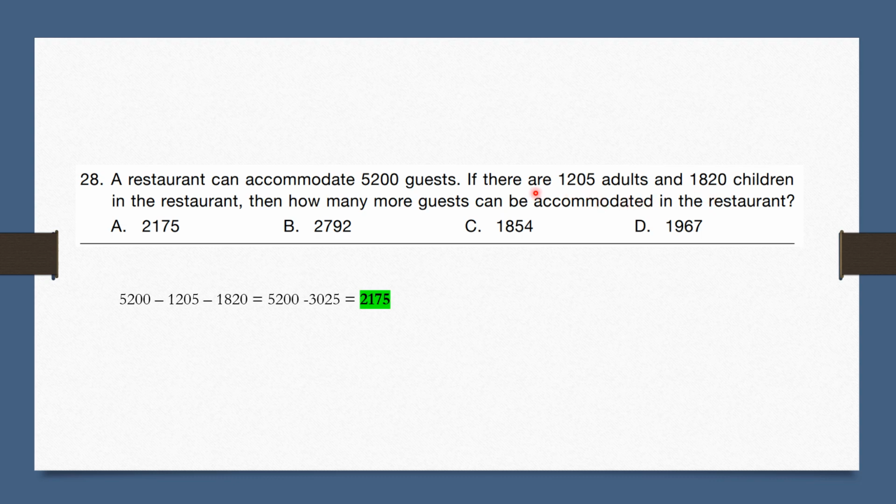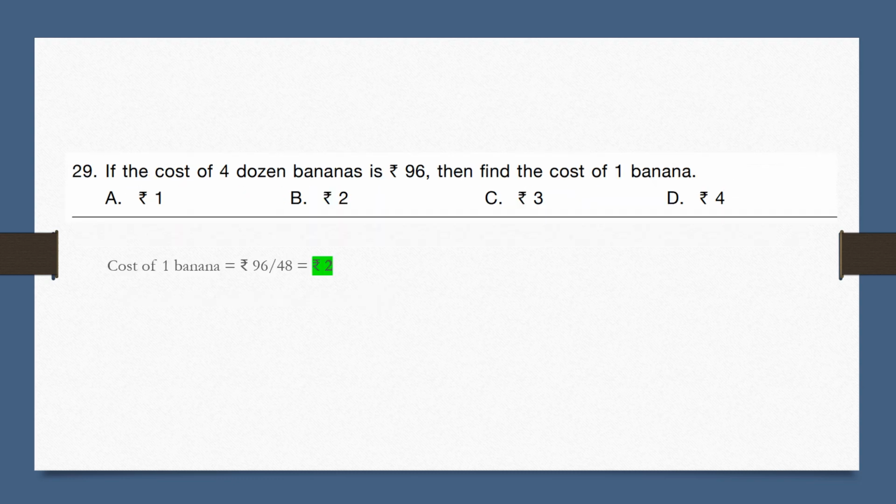So we need to subtract these two amounts from 5200. So 5200 minus 1205 minus 1820, which is equal to 5200 minus 3025 equals 2175. So the restaurant can accommodate another 2175 guests. So our answer is option A.